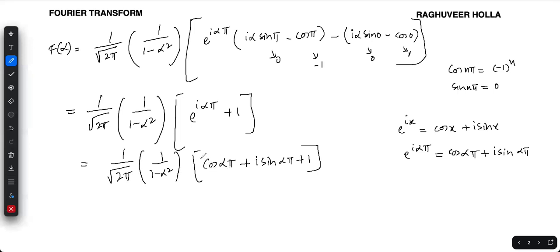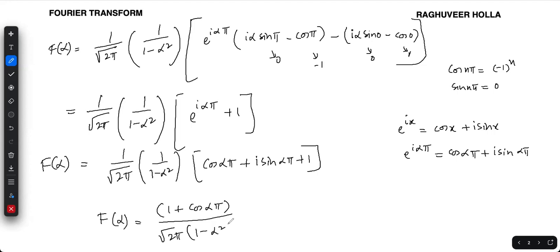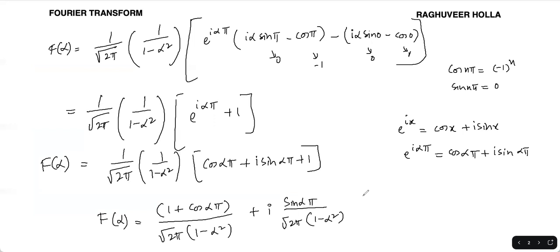Or I can take the imaginary and the real part. So this will be 1 plus cos alpha pi divided by root 2 pi into 1 minus alpha square, plus i into sine alpha pi divided by root 2 pi and 1 minus alpha square. Okay, so that's it.